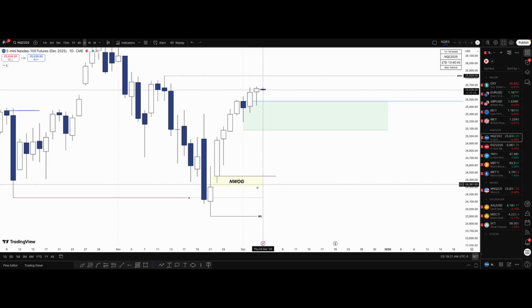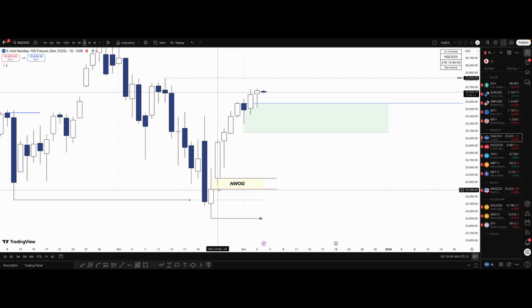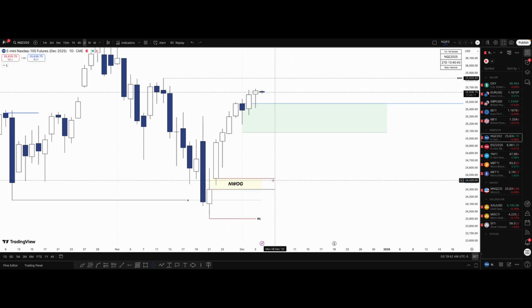The new week opening gap is marked by Friday's closing price and the opening price of Monday, right? So this is a gap and this is a very strong support in which the price can be, right, and can bounce off.